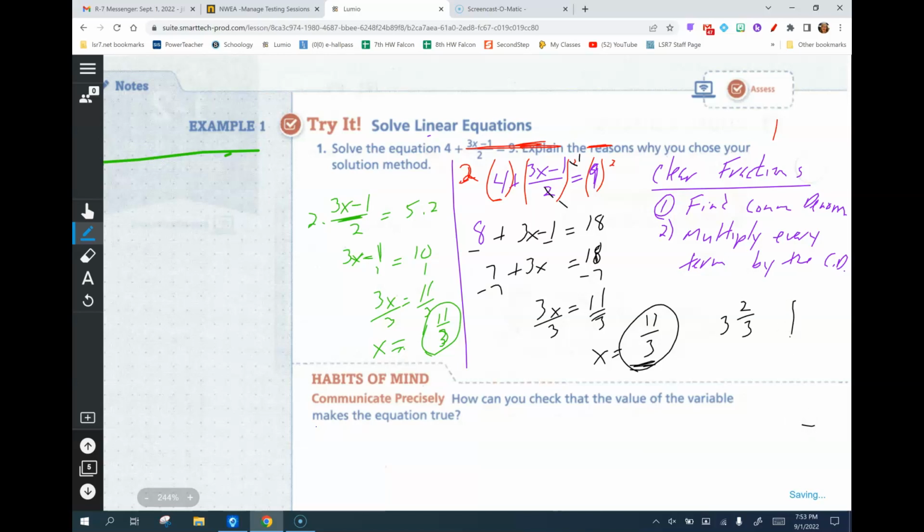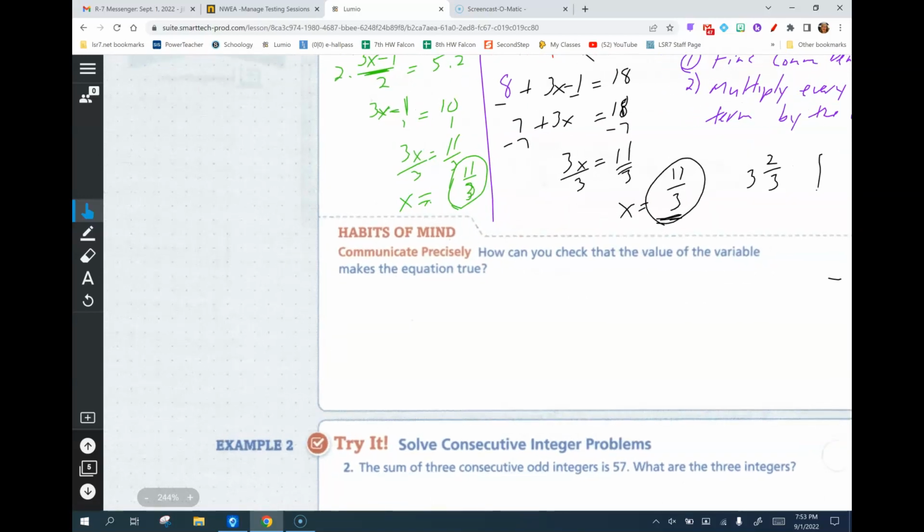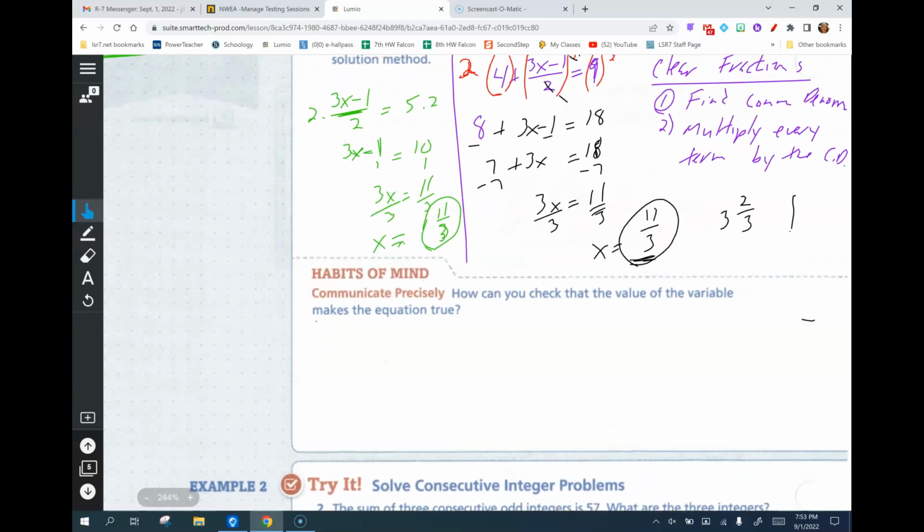Okay, let's look at the next question that we have on your paper. How can you check that the value of the variable makes the equation true? How can I check to see if it works? Well, what we can do is plug the answer into the original equation.